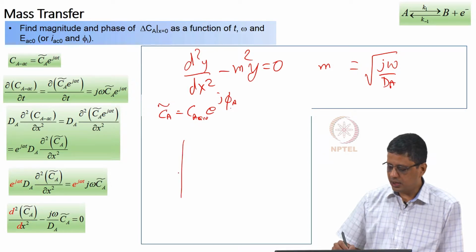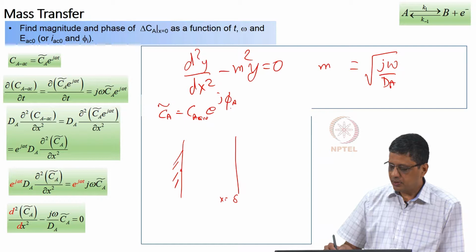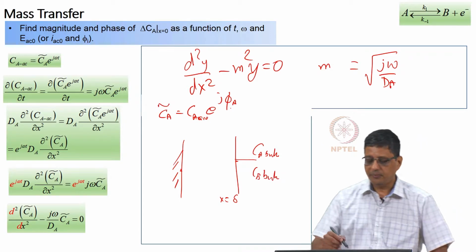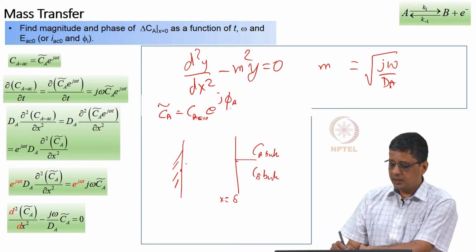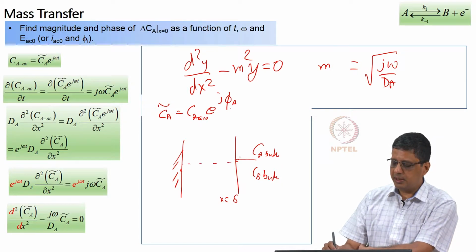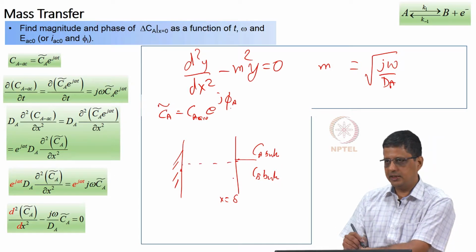So, if I have to draw it, I would say this is the electrode surface, this is the boundary layer, and beyond this the concentration is fixed here, and if there is no DC bias, concentration throughout this is going to be straight.